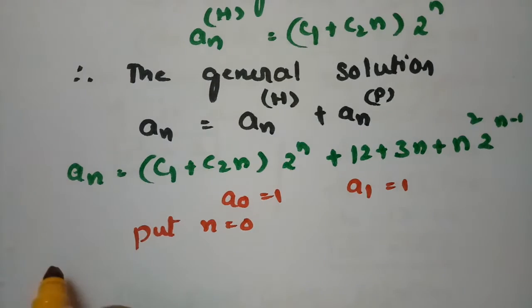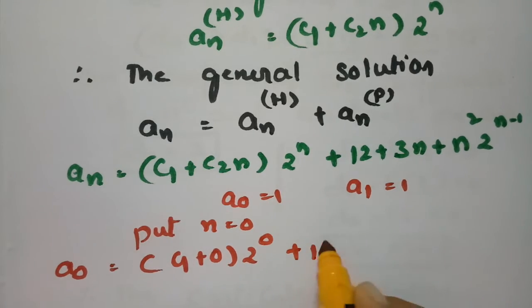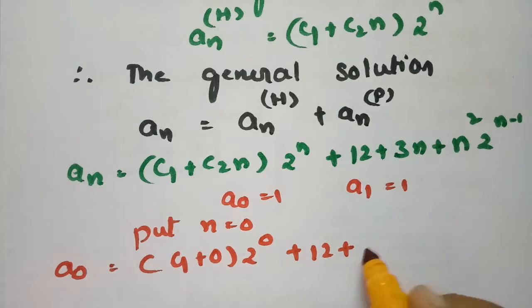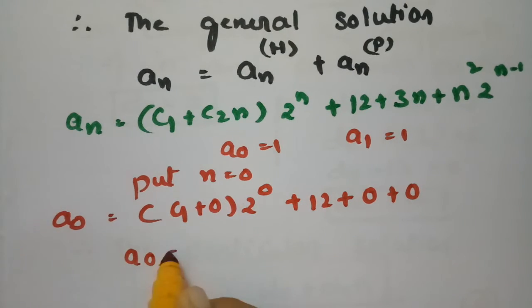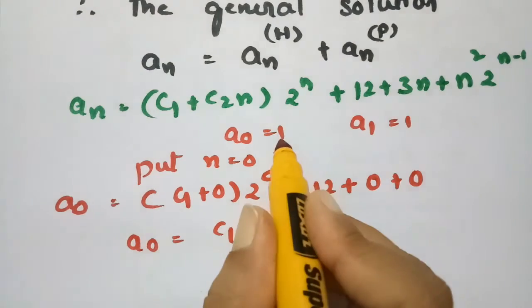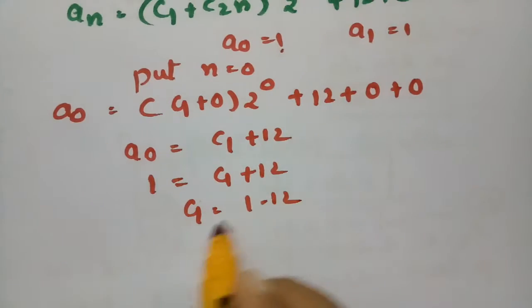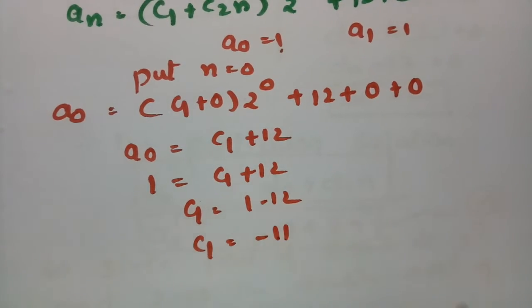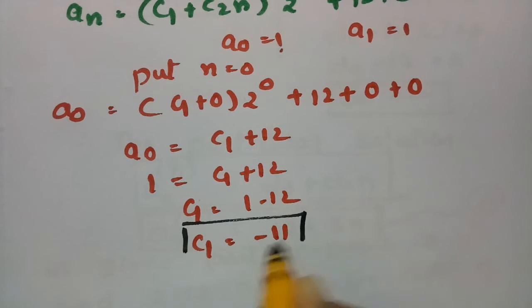If we put n equal to 0, then A0 value will be C1 plus 12, since the other terms become 0. What is A0 from here? A0 is 1. So 1 is equal to C1 plus 12, and C1 is 1 minus 12, so C1 is equal to minus 11. So we got the value of C1 as minus 11.